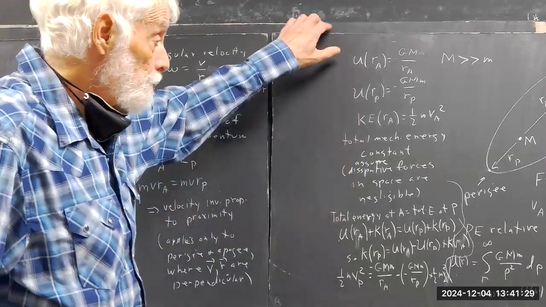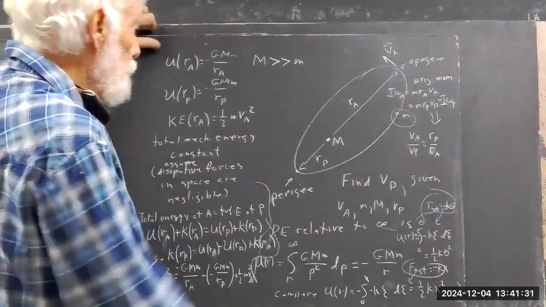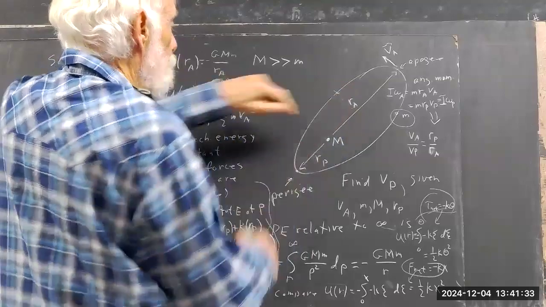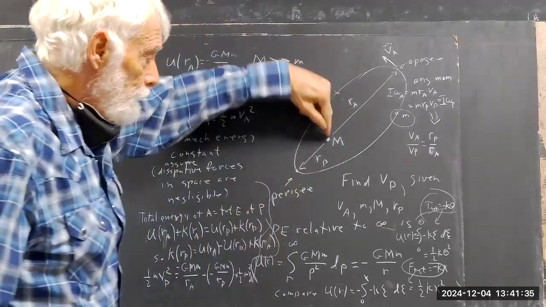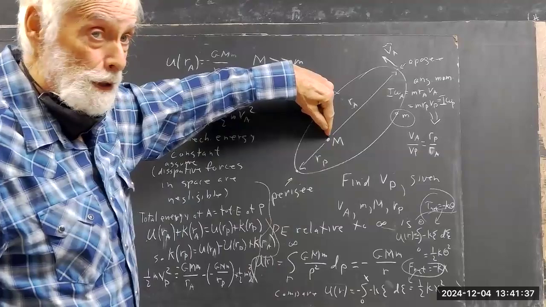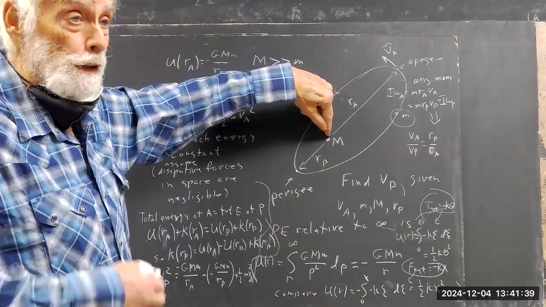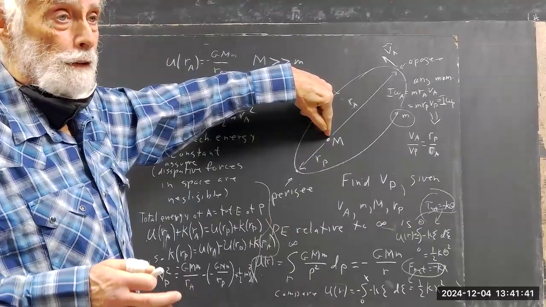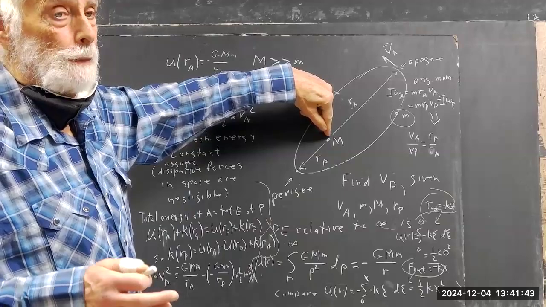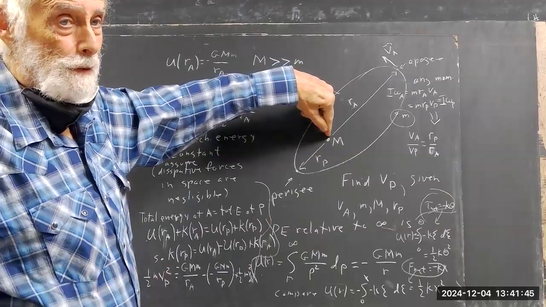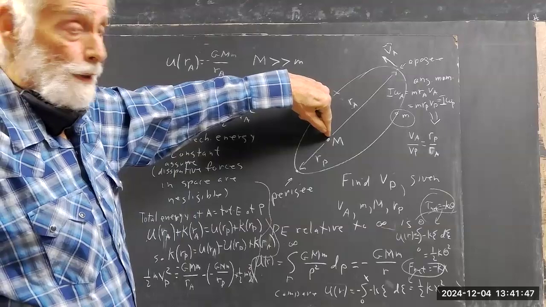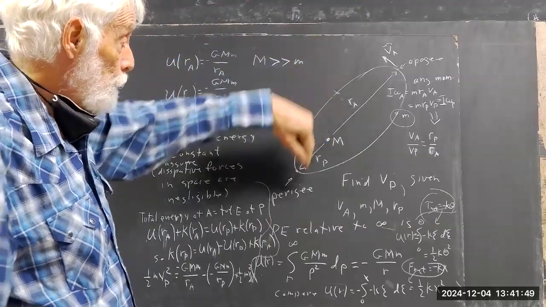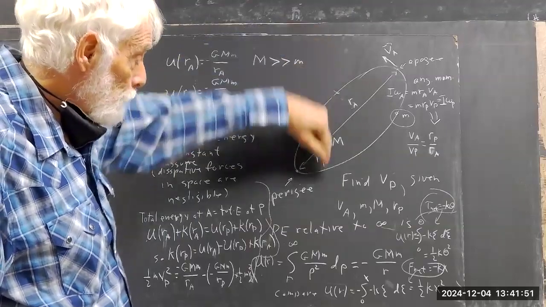Why is angular momentum conserved? Because whatever this thing is, the force is in the direction of the big mass. So your R vector, the moment vector, is zero. There's zero moment of this force. It's aimed right at the center.